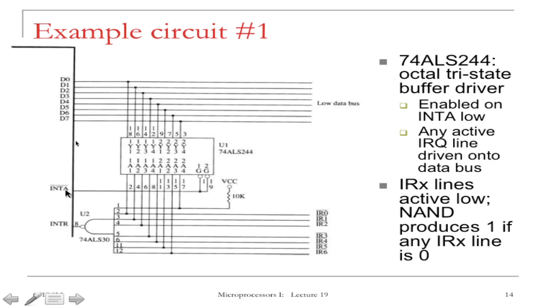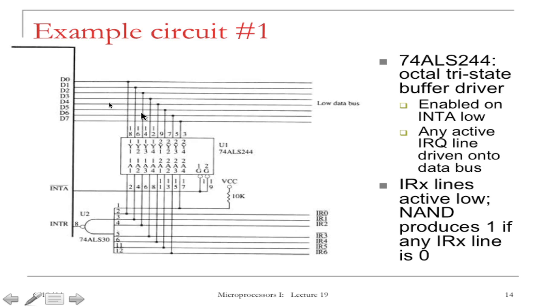If the INTA is 0, that's an output from the microprocessor saying that my microprocessor x86 is now responding to your interrupt. So this input will be sent out to the output side. So the IR0 to IR6 could be zeros and ones. This byte will be passed onto this output side.